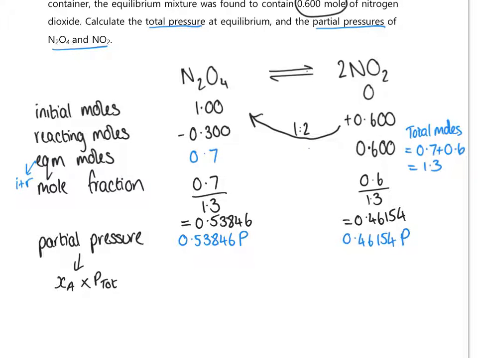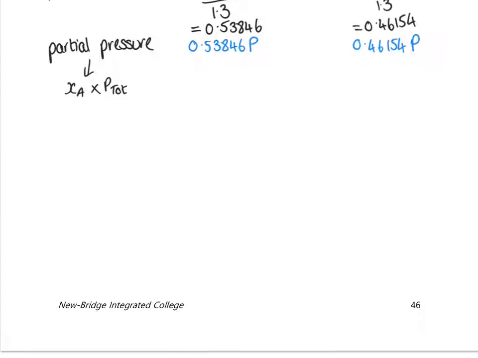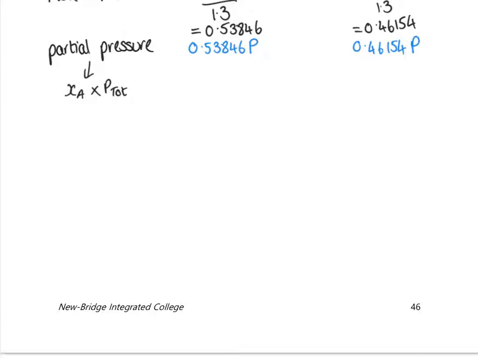Now I'm ready to sub these into my expression for Kp, because it's partial pressure values that we put in there. So first I need to write my expression for Kp, which I do using my equation. Kp is equal to the partial pressure of nitrogen dioxide squared, because it has a balancing number of 2, over the partial pressure of dinitrogen tetroxide.